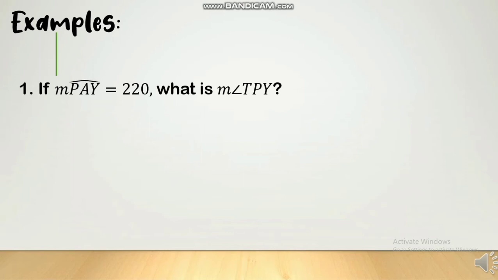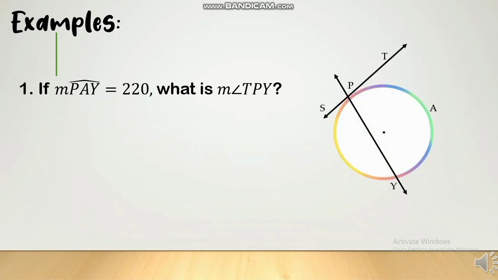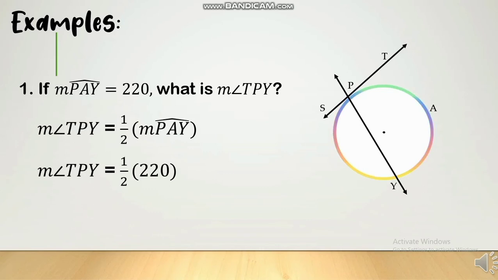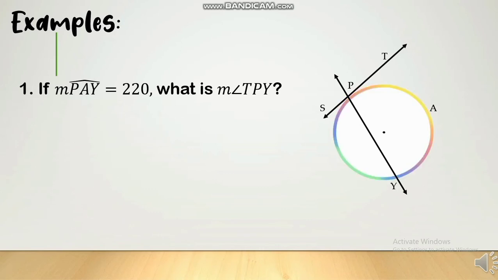So look at the figure. We have a tangent line and a secant line. So dahil ang angle ay within the circle, ibig sabihin, kukunin lang ang 1/2 ng measure ng arc.